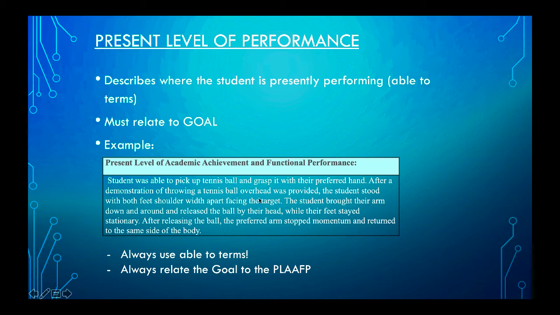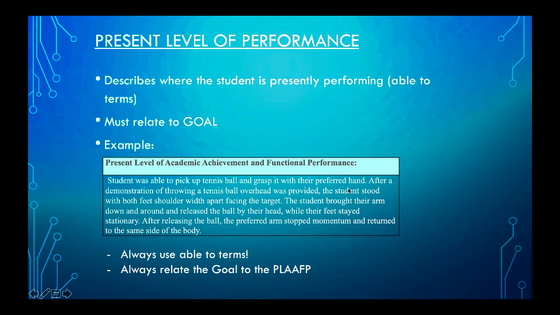They had really good preparation phase of being able to bring the arm down and around. However, they were standing facing the target instead of perpendicular or having trunk rotation when they threw. Their feet remained stationary, so there was no step in opposition. And then after they released the ball, they didn't have a follow through. Their arm just stopped and then returned to the side of the body.